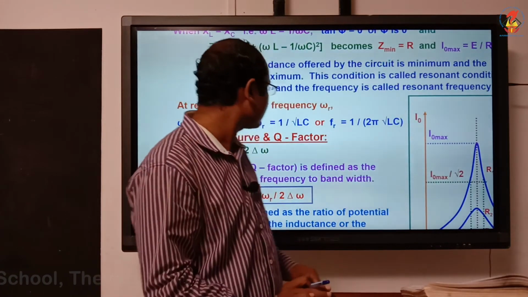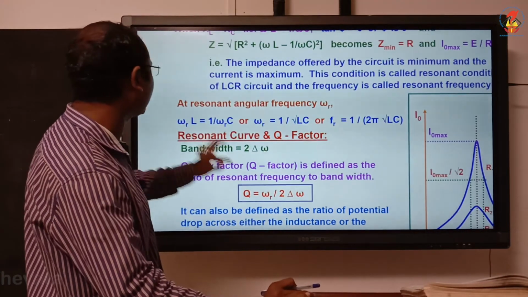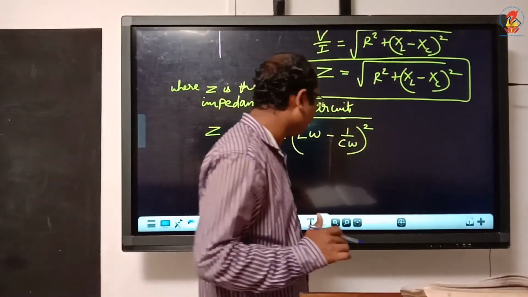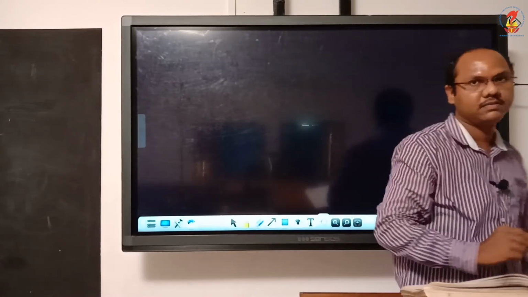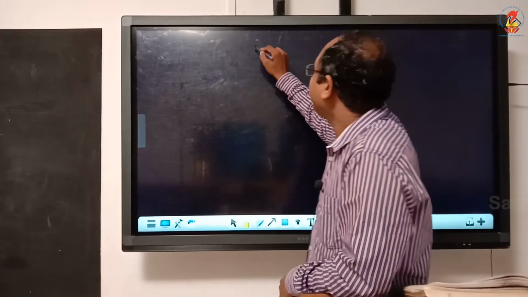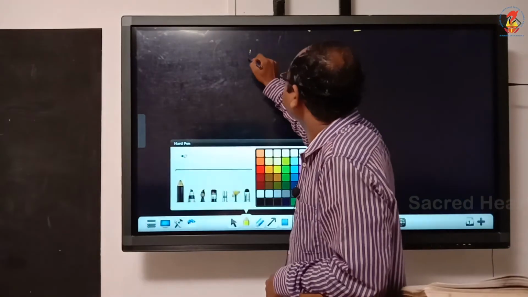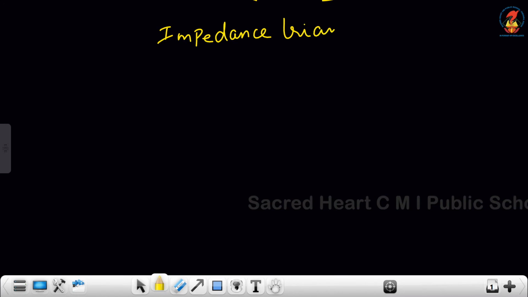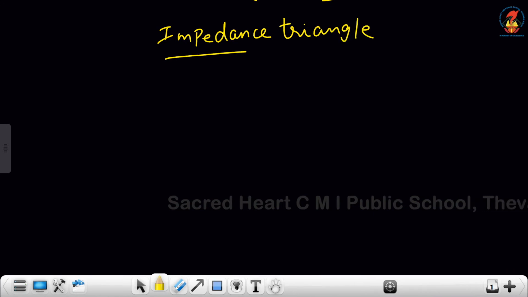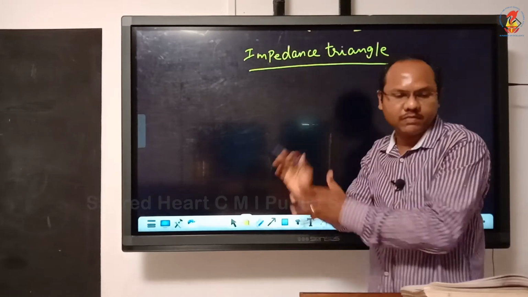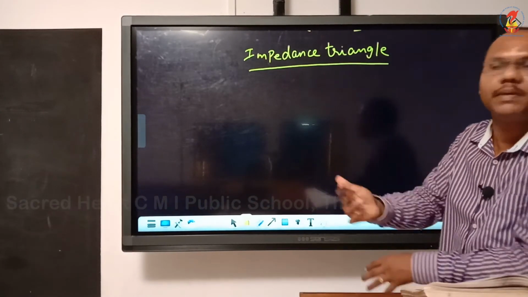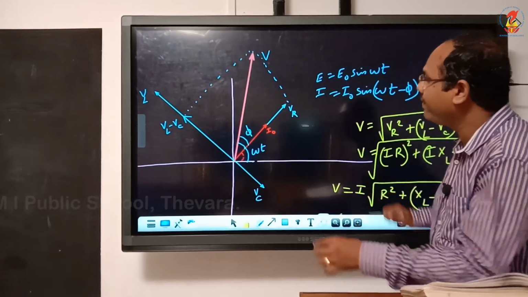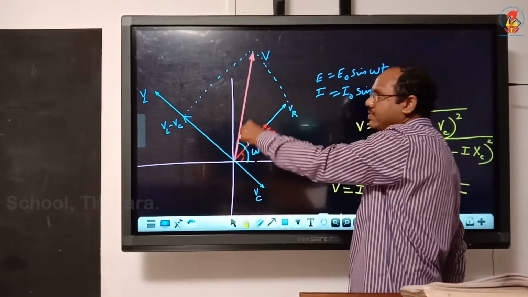Now they can ask one more question regarding this case. They can ask you to draw the impedance triangle. So what is meant by impedance triangle? It is a triangle which is drawn to represent the impedance of a circuit. For example, from the phasor diagram we got this triangle.